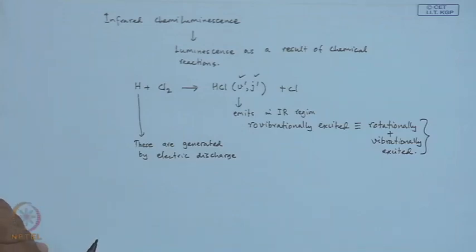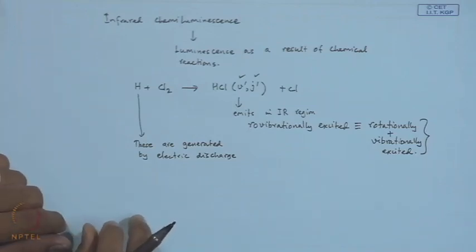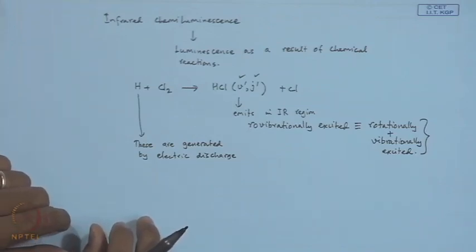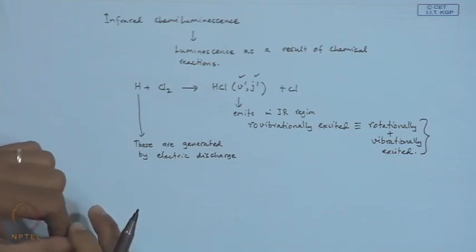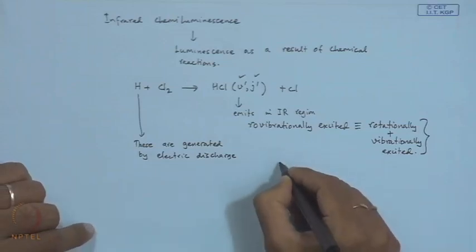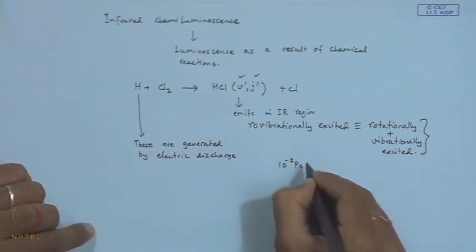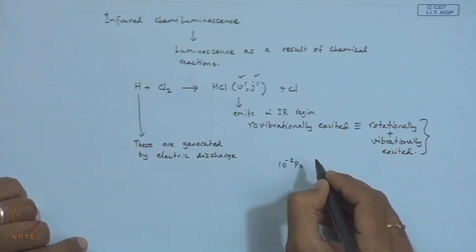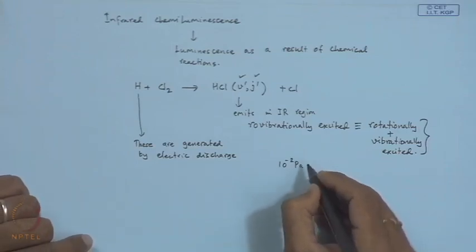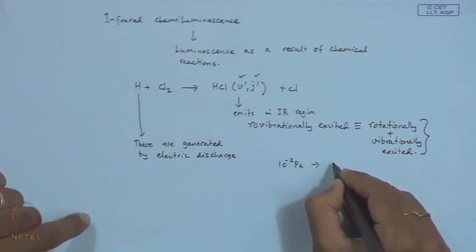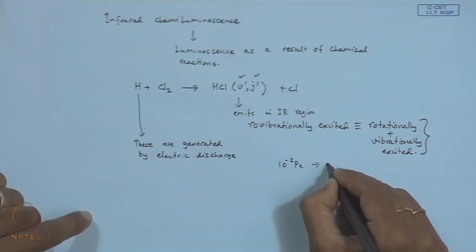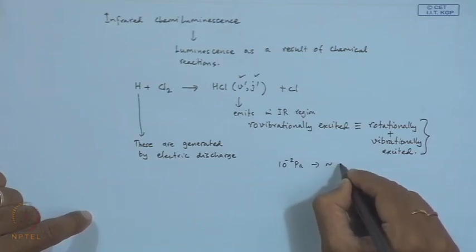Okay. So in this case what we have to do is work at low pressure, about 10 to the power minus 2 Pascal, which will ensure that the mean free path of the process is of the order of the vessel length.